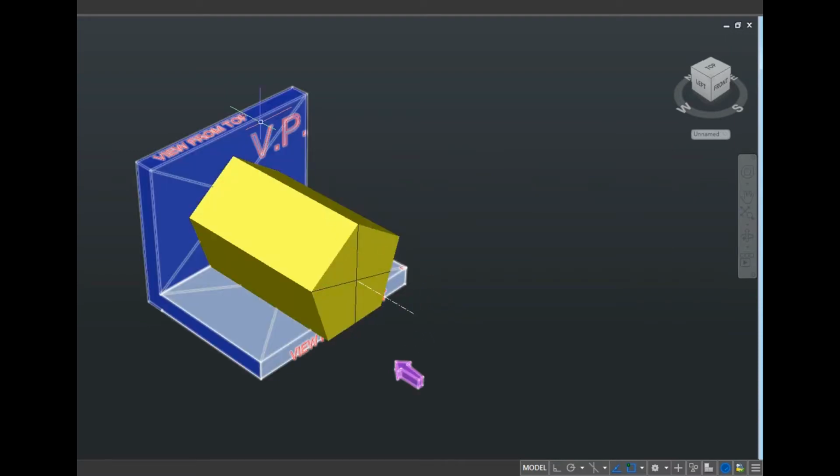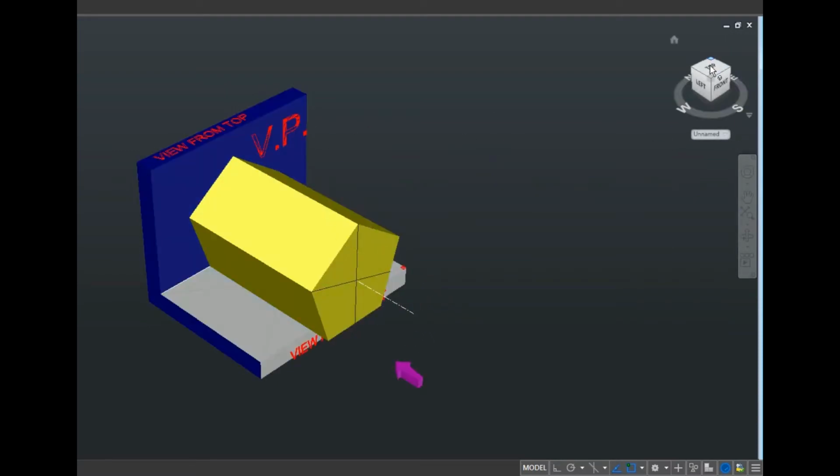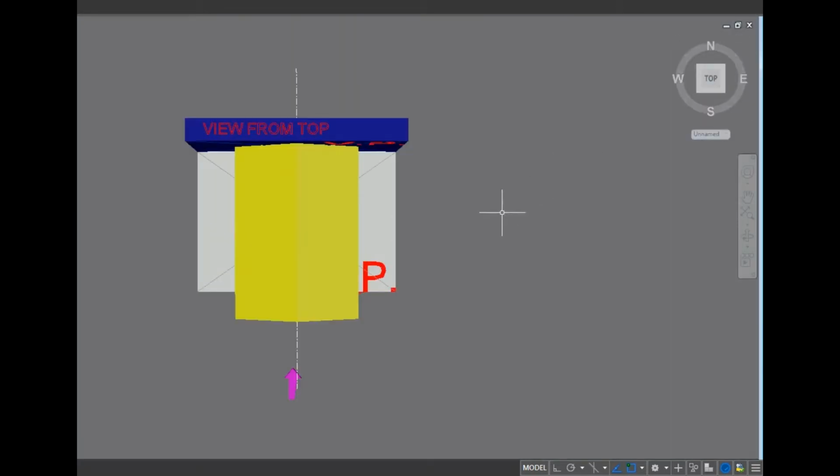So to make it inclined, we will see it from the top, and here you can observe the line is perpendicular to VP. So I am going to tilt this pentagonal prism in such a way that it makes an inclination angle of 45 degrees with the VP.